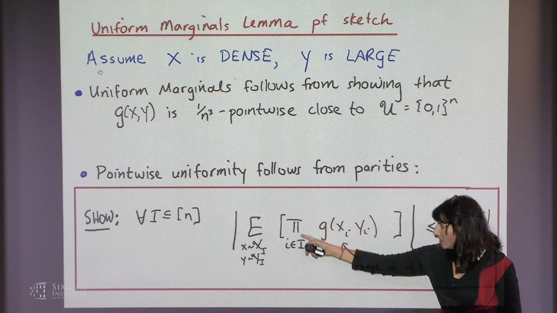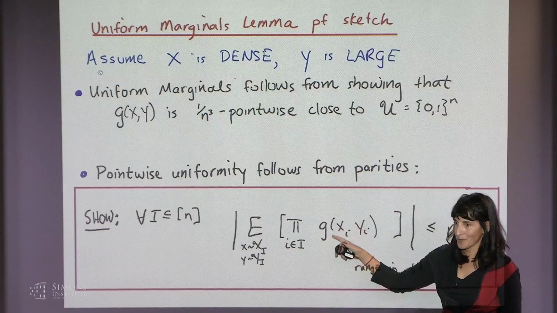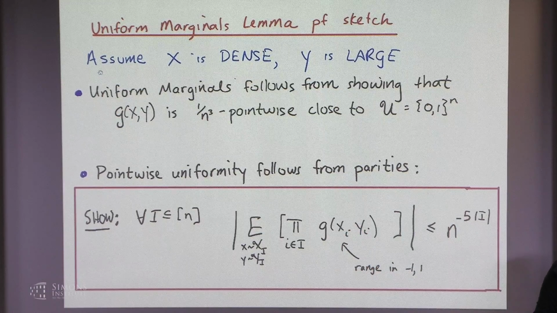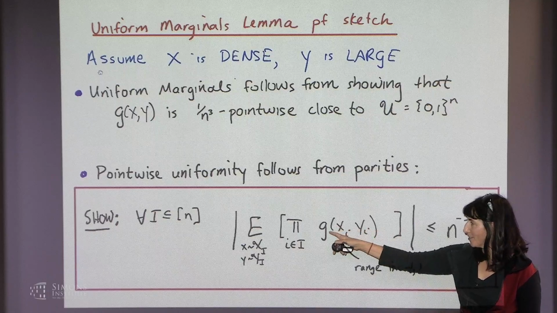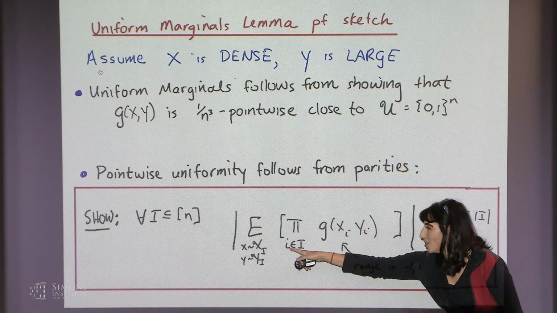This is basically the parity of G on all the places in y, 1 times minus 1.